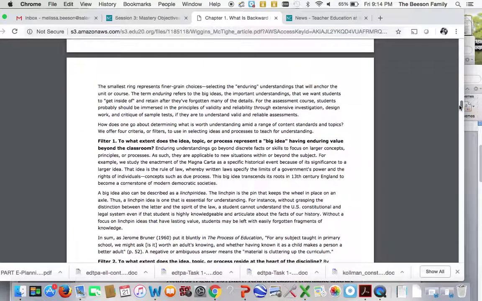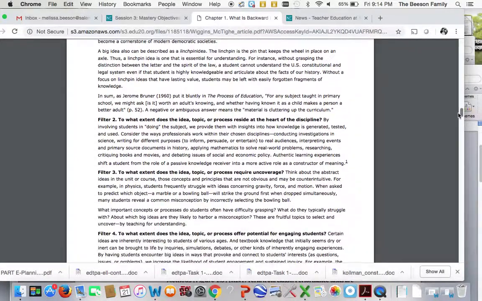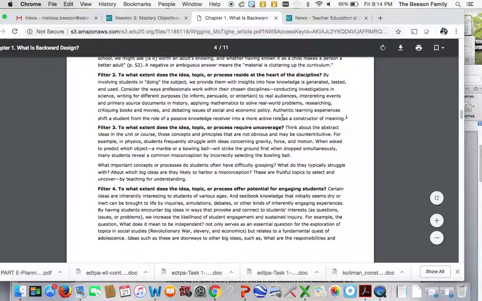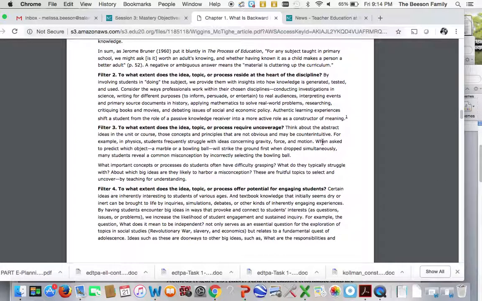But if we scroll down, still in the stage 1 section, you'll see right here it talks about uncoverage. So the idea of uncoverage is that when we're talking about big ideas or concepts, students often will come with misconceptions, and we have to consider what those misconceptions are.